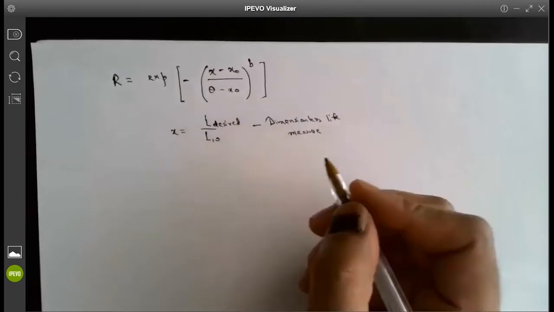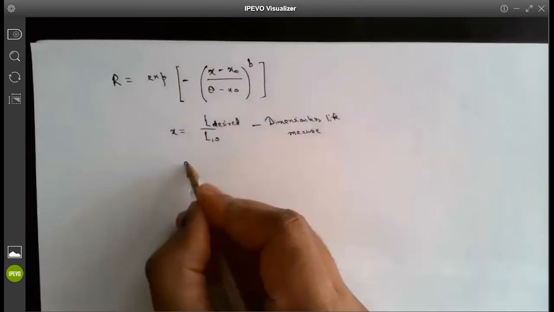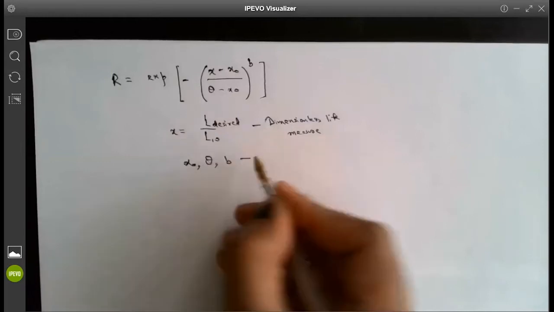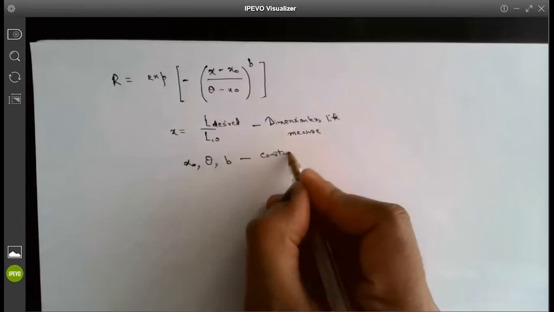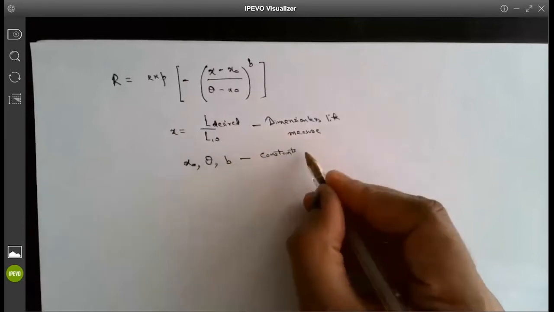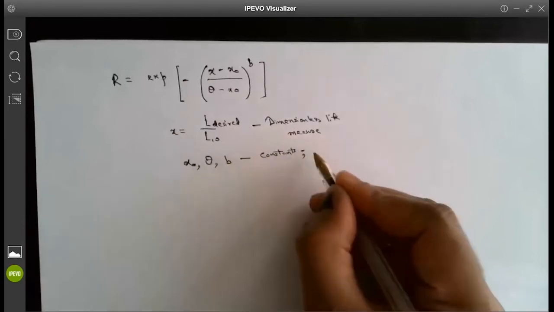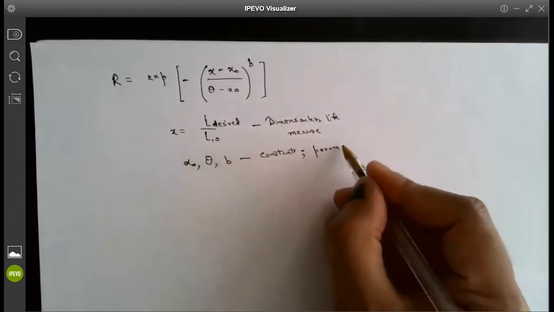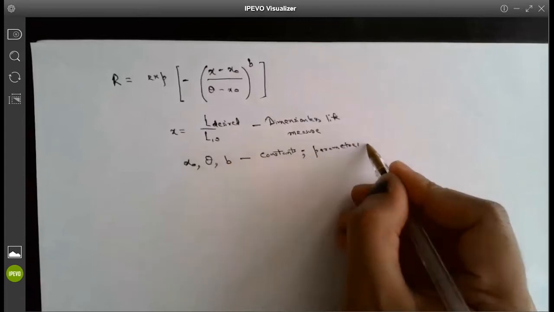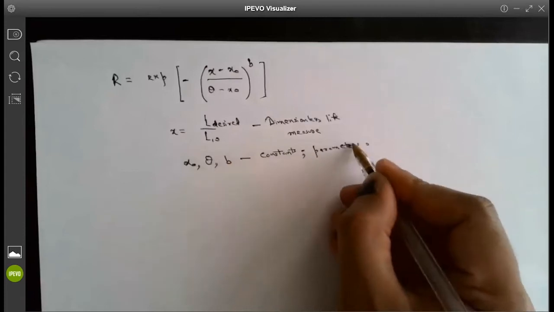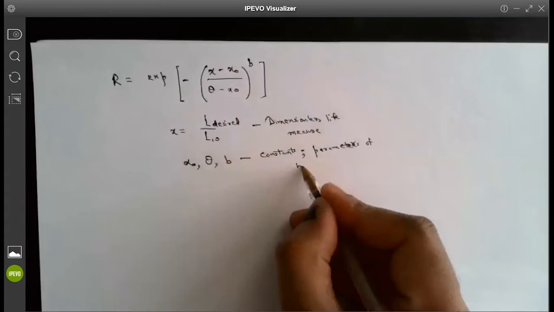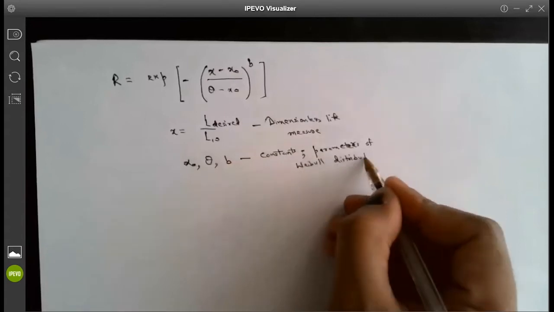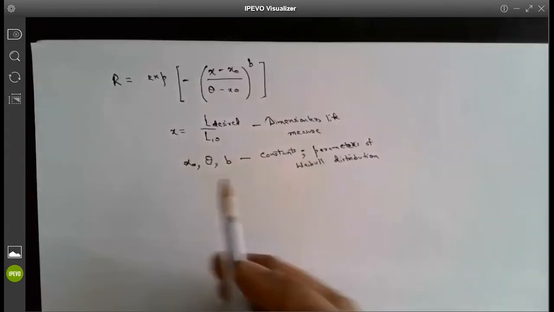Out of this expression, x naught, theta, and b are constants, and they are basically coming from the parameters of the Weibull distribution.